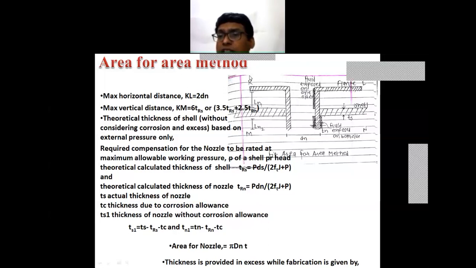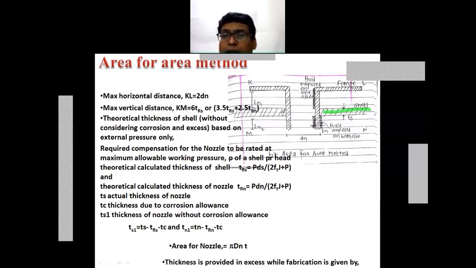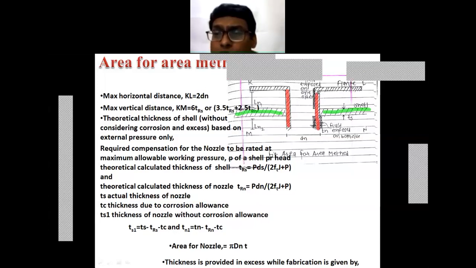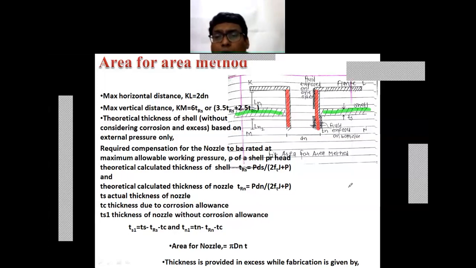This is the shell part, and in this shell part the nozzle is attached. I am going to do the calculations associated with this area for area method.